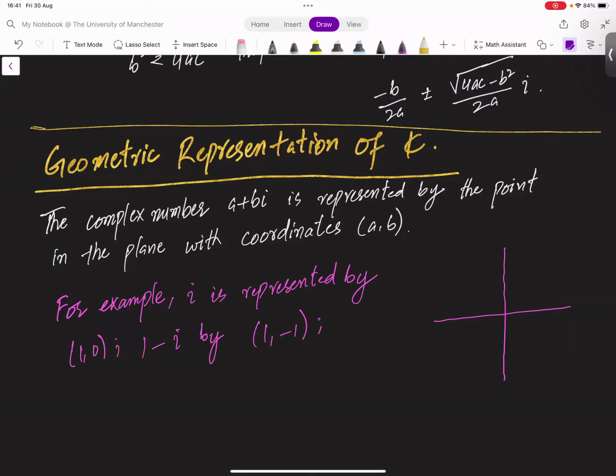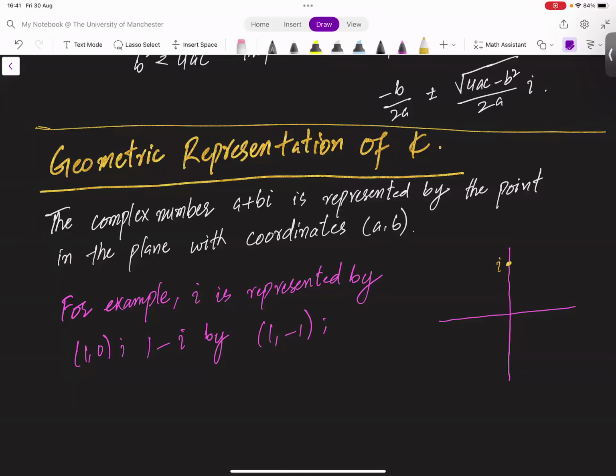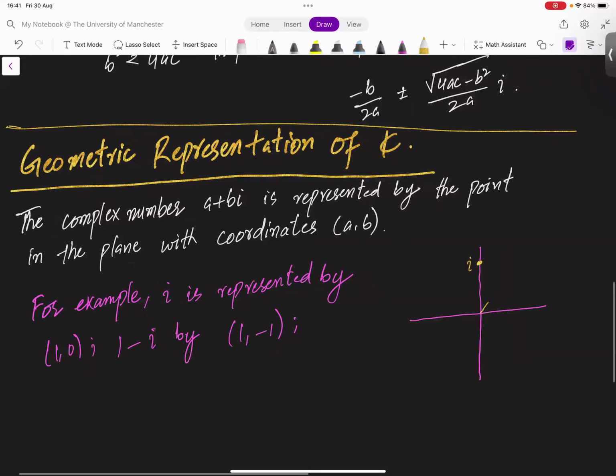So we denote that here we have iota, and we go further here.